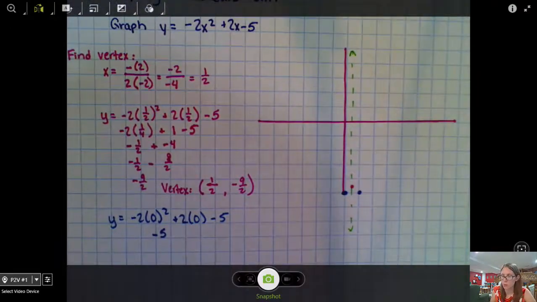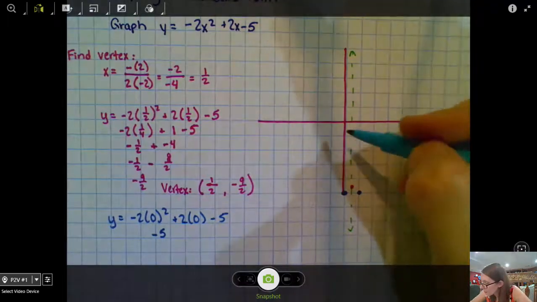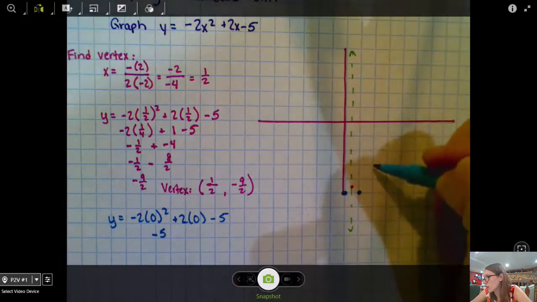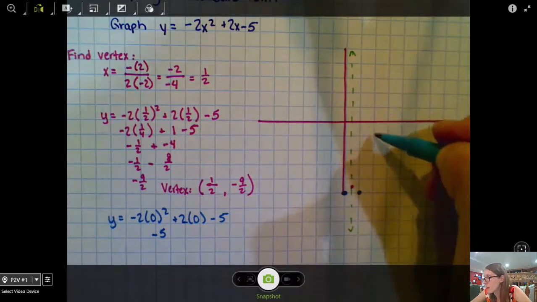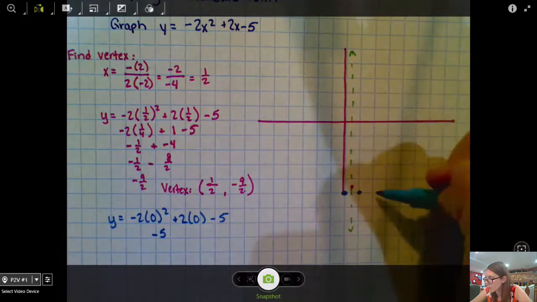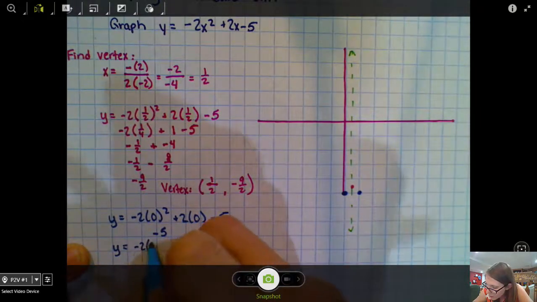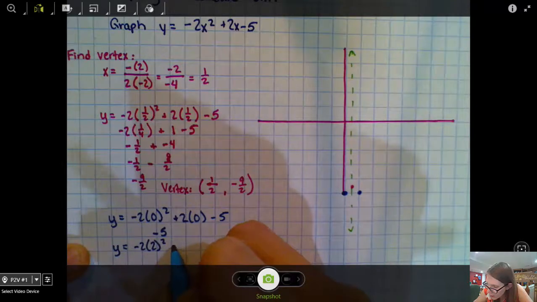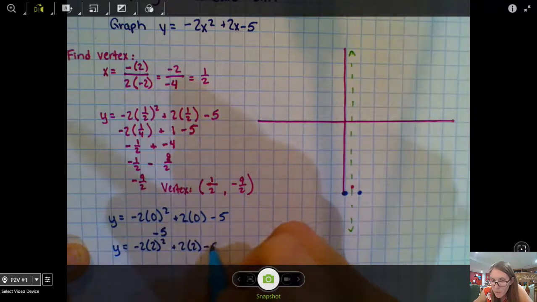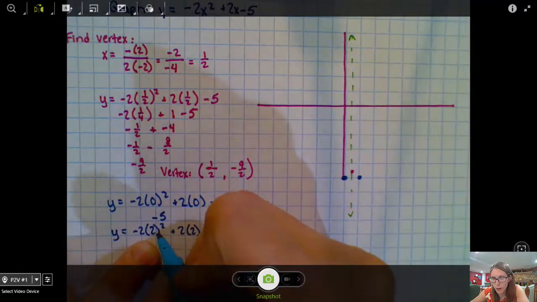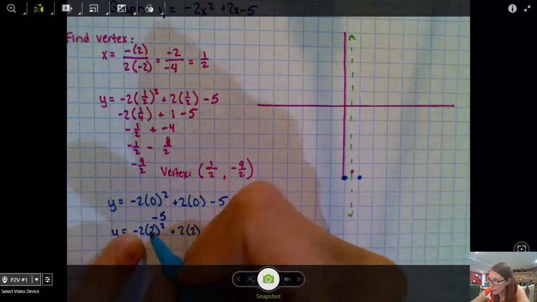Let's repeat our process one more time with one other x value so we can get another point on our graph. Okay, we plugged in 0, which is the same thing as if we'd plugged in 1. Let's plug in 2. You could plug in negative 1, but for the sake of keeping positive numbers, I'm going to use 2 in my equation. y equals negative 2 times 2 squared plus 2 times 2 minus 5. 2 squared is 4. 4 times negative 2 is negative 8.